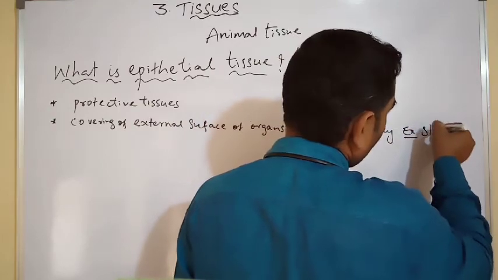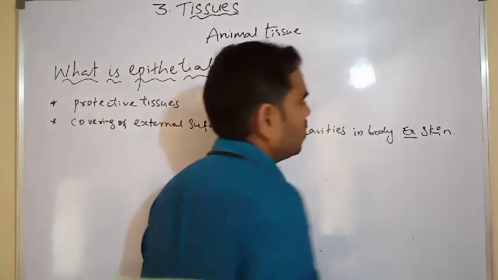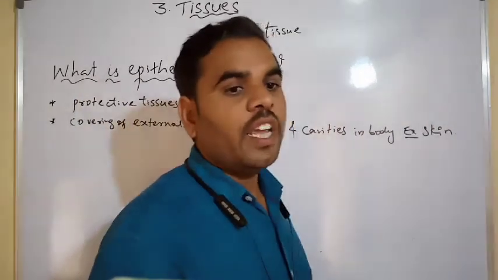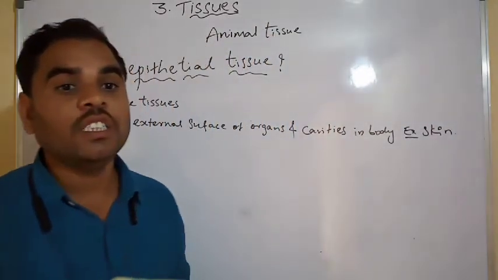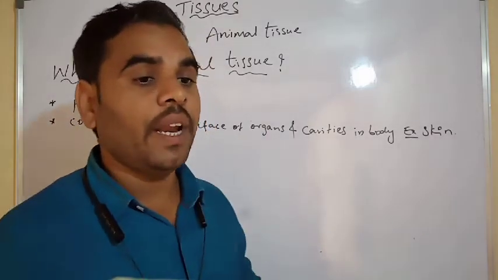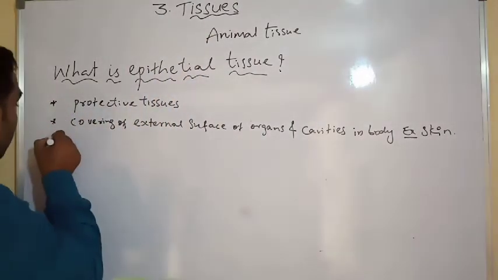Example, skin is there. So it is a covering of our body. Next, it acts as boundaries, keeping the different body systems separate.